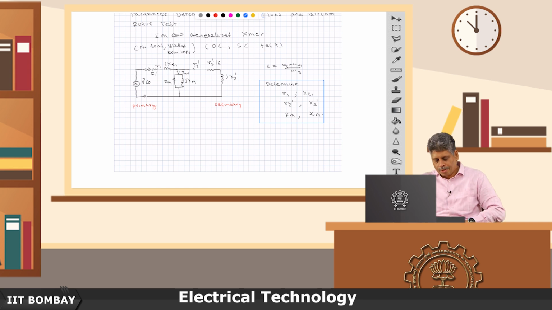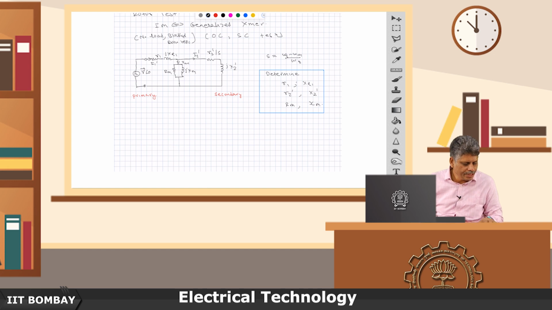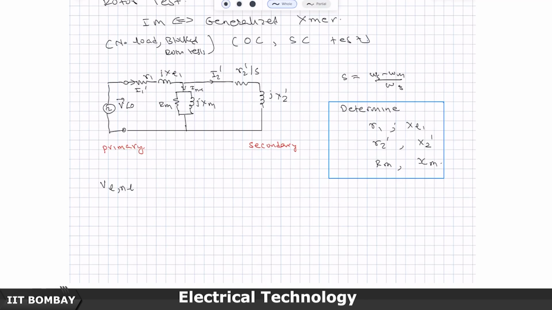Now the no load test. To set some notation, let us say that V1NL is the line to neutral voltage in volts, and remember the induction motor is a 3-phase machine.